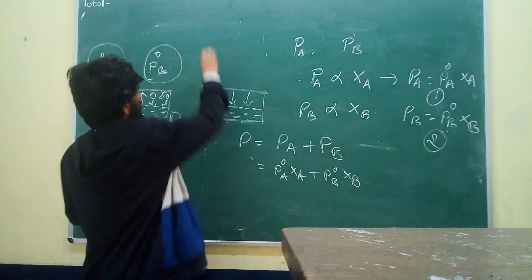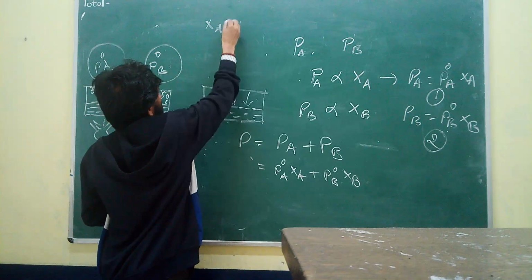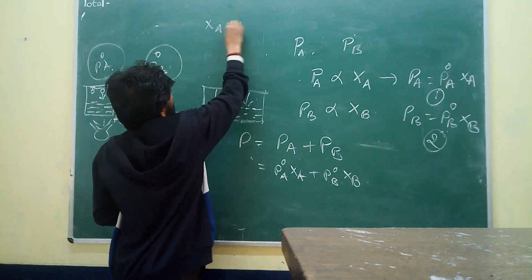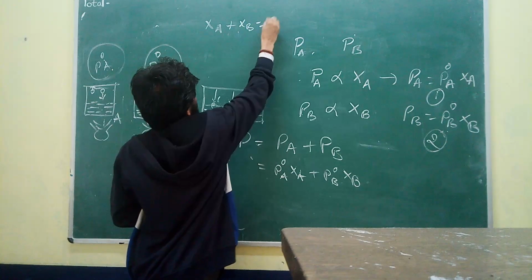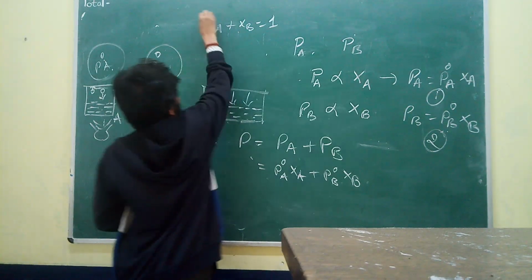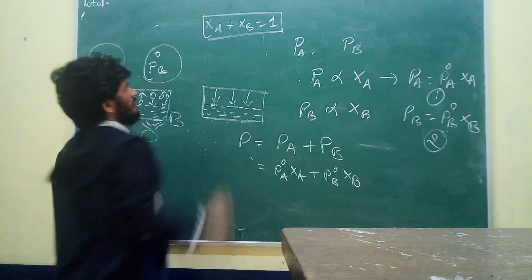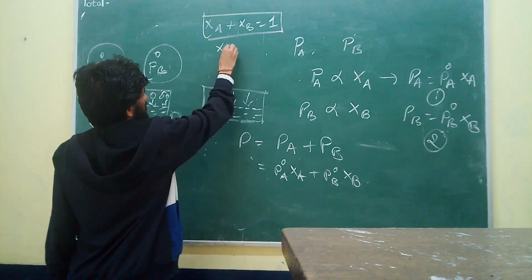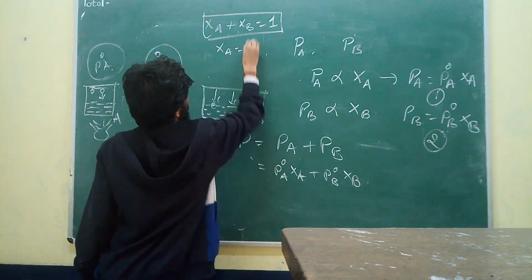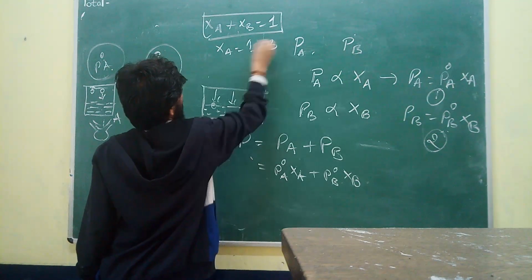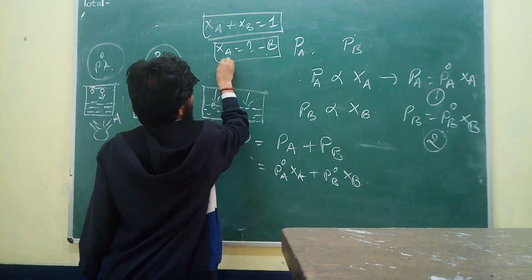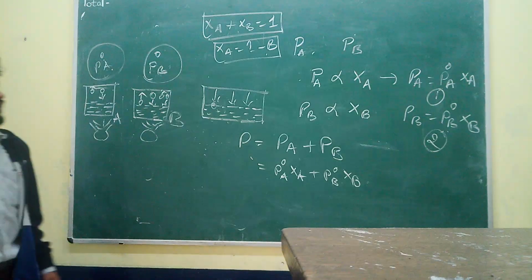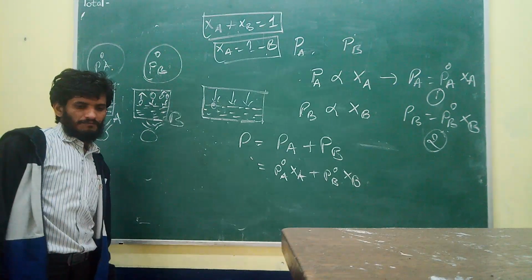That is, mole fraction XA plus XB is equal to 1. This is the mole fraction. Understand? Suppose XA, how do we write XA? XA is equal to 1 minus XB, this goes to this side.